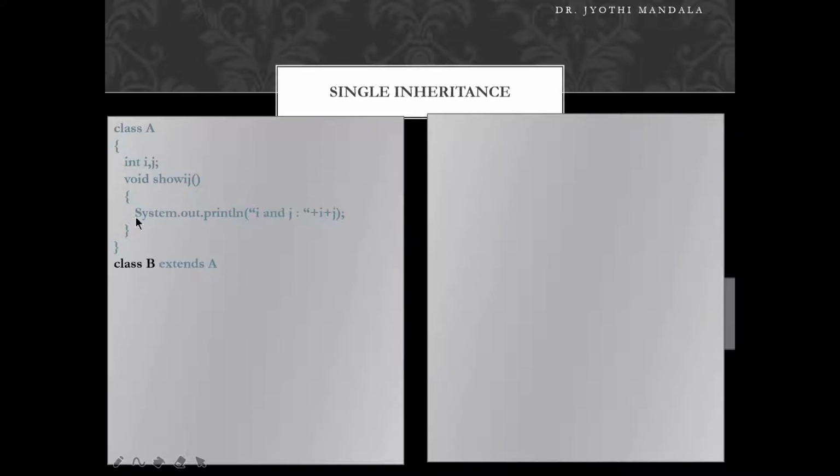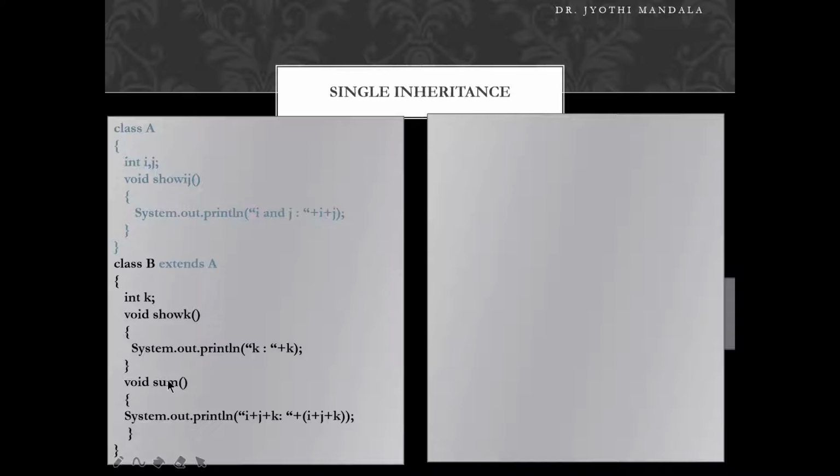Other than these things, if anything else is required in class B, we can write that here. I want to take one variable called k, and also one method called showk. I also want one more method called sum, where I am trying to print the sum of i, j, k. Observe that in class B we have not written i and j, but we are using them in the sum method. There is no problem here.